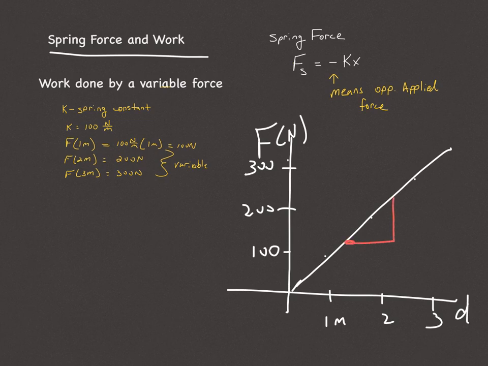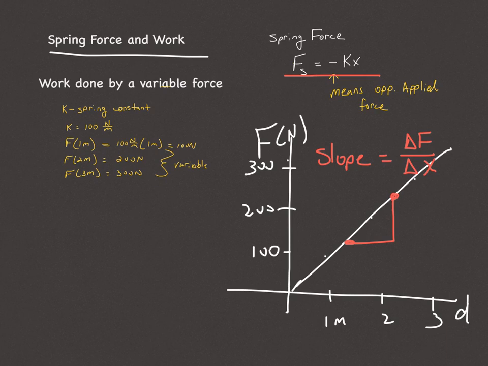Pick any 2 points. The slope is going to be equal to the change in force over the change in stretch. Okay, the distance would be the stretch. If we look at this equation up here, if we take our force divided by the stretch, we would get the K constant.